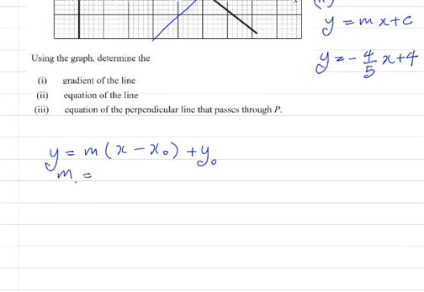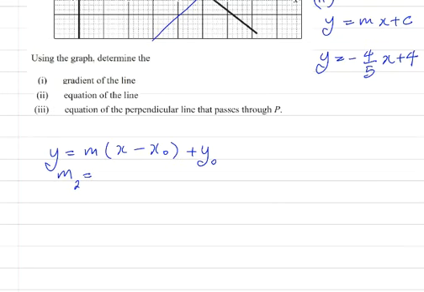First of all, I'm going to say m2. The first m that we found, m1, is the gradient of the line that was given, minus 4 over 5.